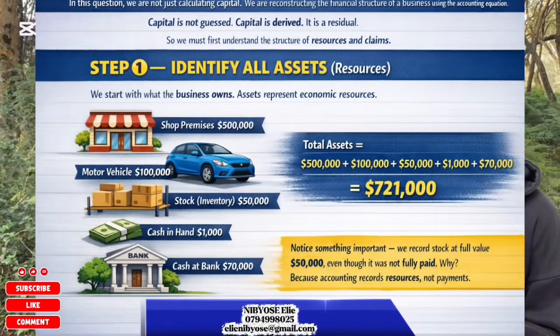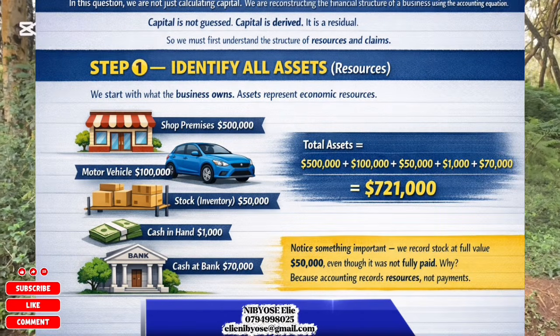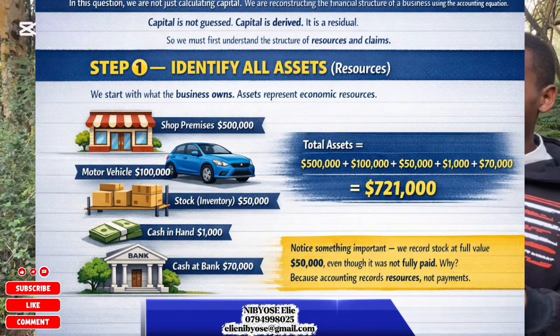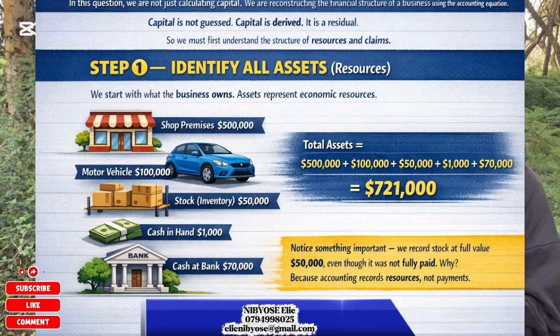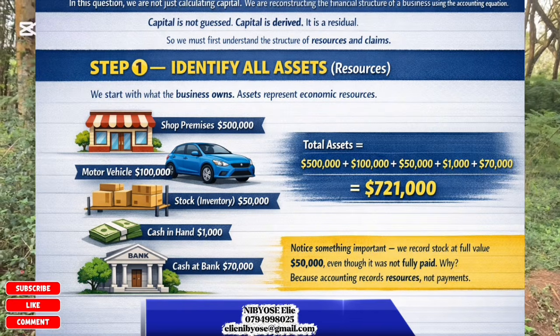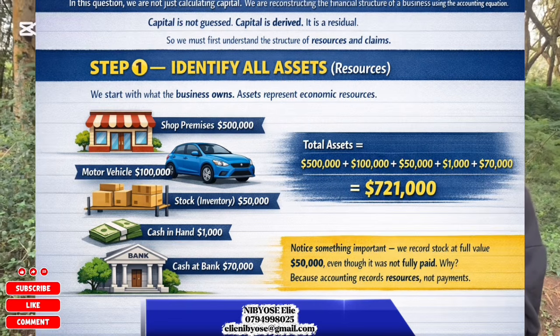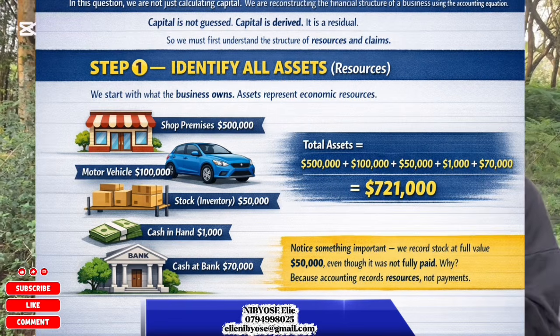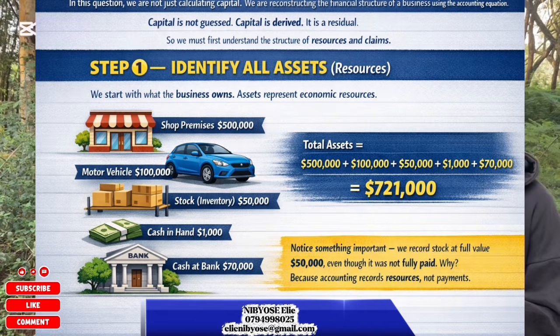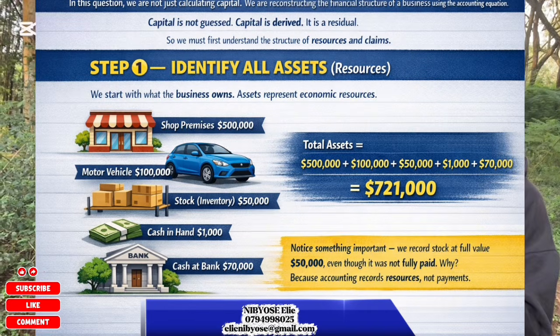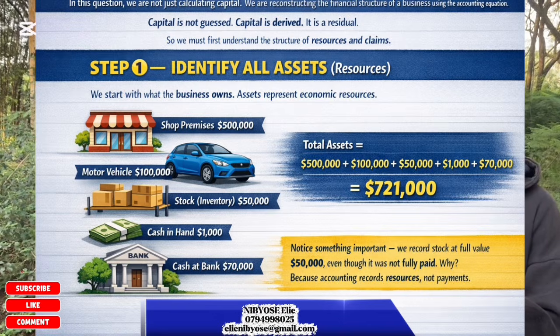So, let's start by identifying all assets. In the question, we have shop premises of 500,000, motor vehicle of 100,000, stock or inventory of 50,000, cash in hand of 1,000, and cash at bank of 70,000.